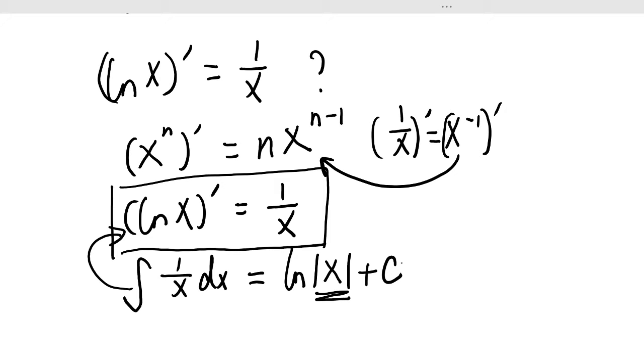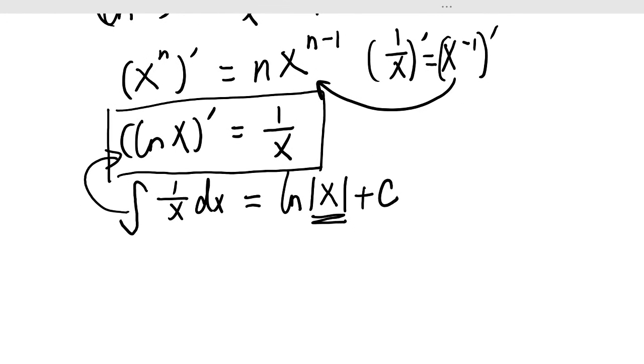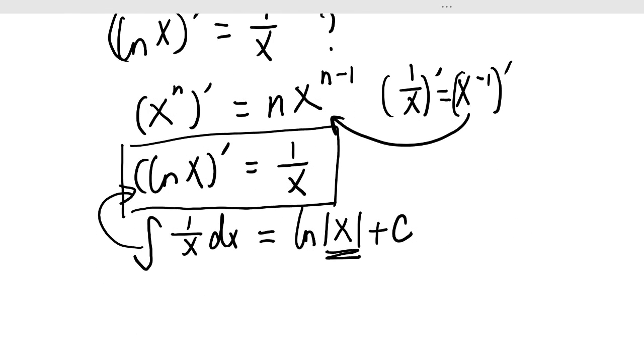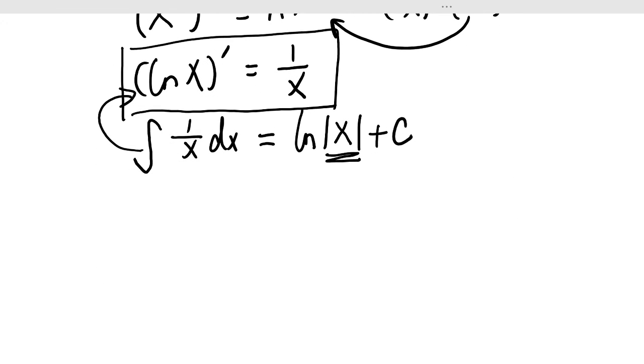Let's say we have 1 over x squared dx. How are we going to solve it? Can we apply this formula right here?